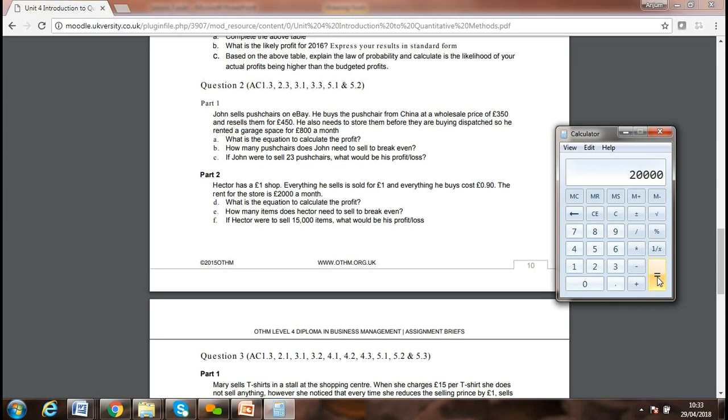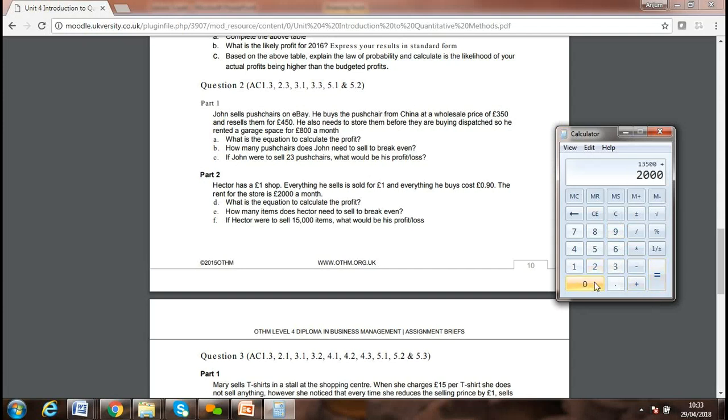So 0.9 times 15,000, we're looking at cost when we need to calculate the profit. 0.9 times 15,000 is 13,500. Plus 2,000.